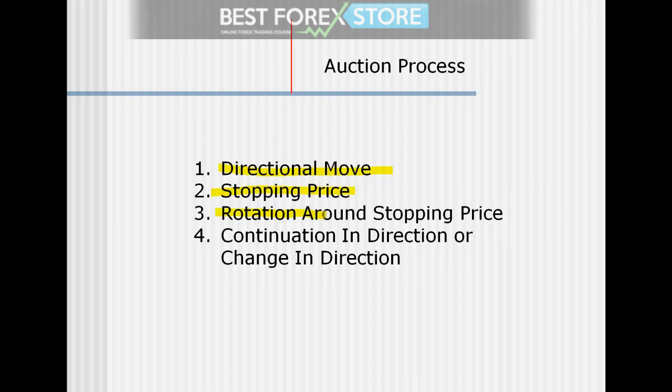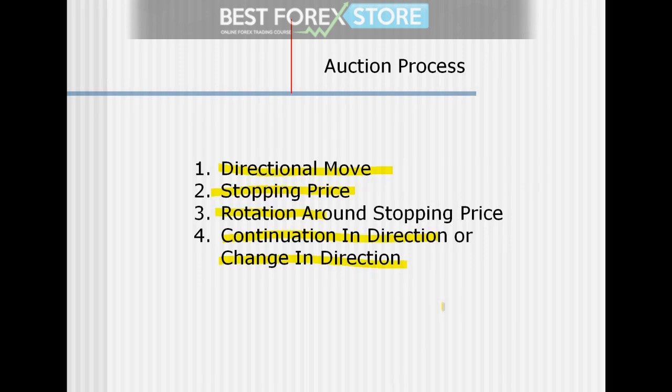The market is really trying to establish who is the dominant force at this particular new range or this new level that we've arrived at. Now, two outcomes could happen after the rotation. We could get continuation in the direction of the original move, or we could in fact experience a change in direction.